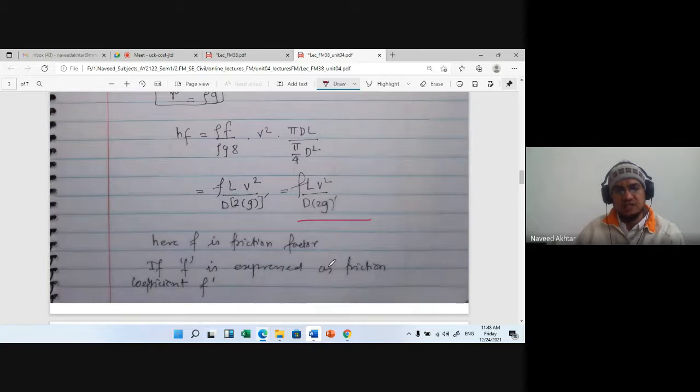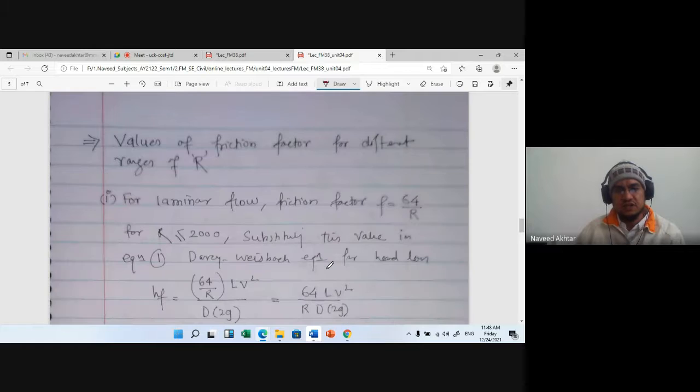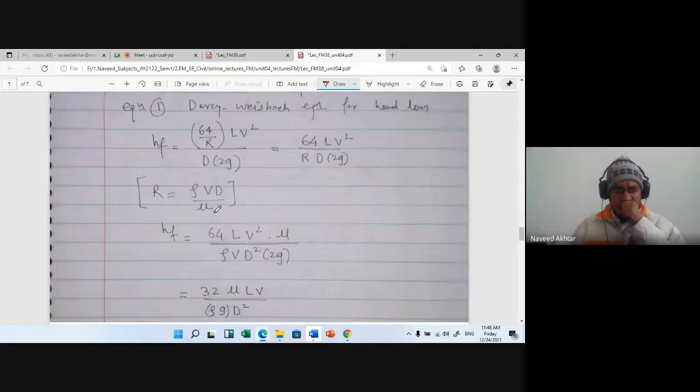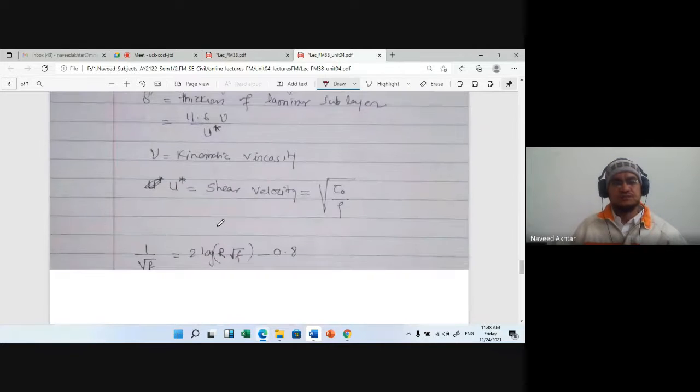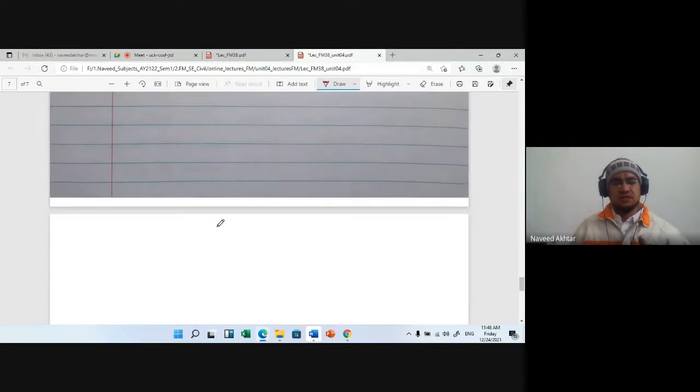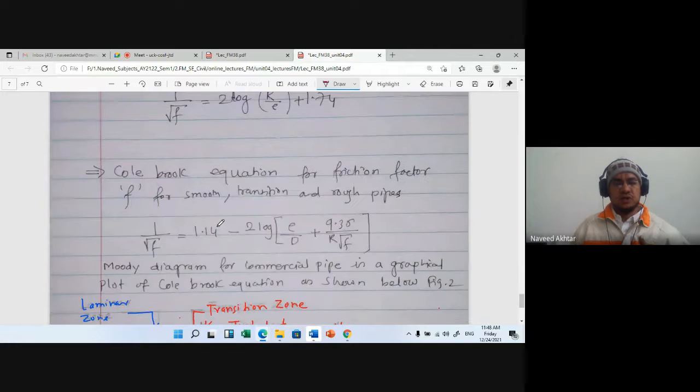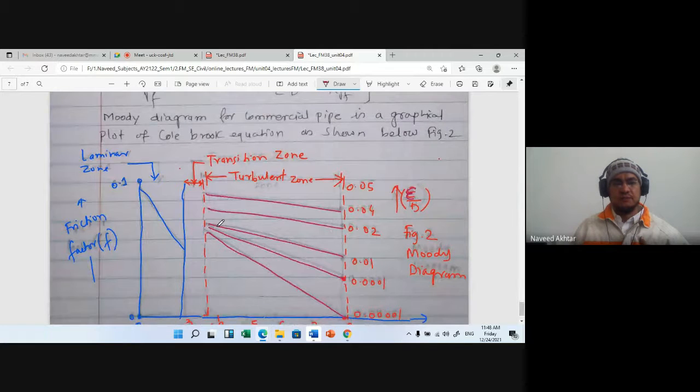Different friction factor values suggested by different scientists for laminar flow and turbulent flow we have seen, and also the Moody's diagram based on the Colebrook equation.